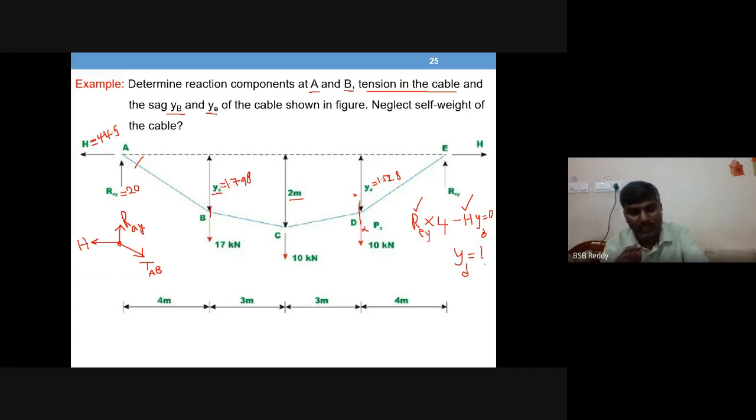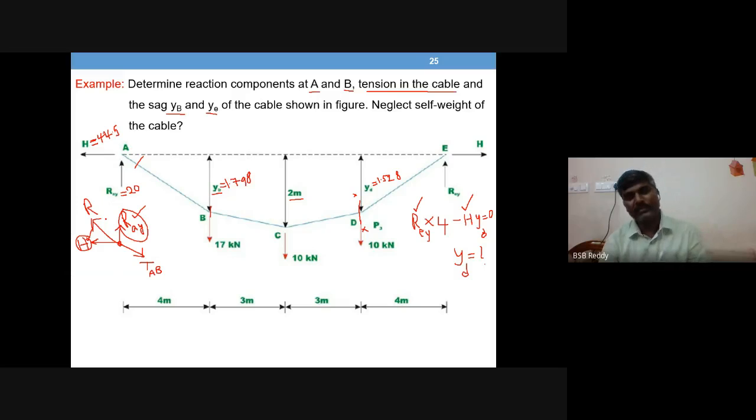Means what? Collinear, equal and opposite. Got it? So you know this value, you can find the resultant of these two. That will act something like the resultant. So now you can remove H, remove RAY, and only R is acting.